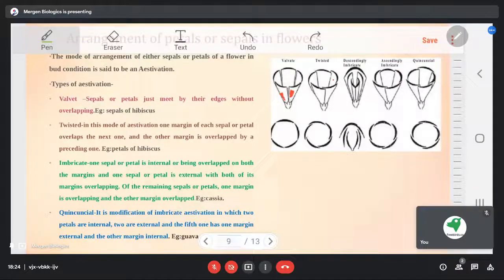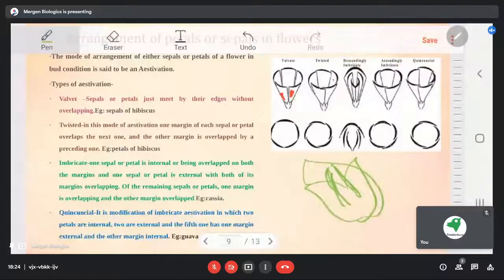For the quincuncial, two petals are present internally. Then the next two are totally outside, like this. But the fifth one has one margin inside and another margin outside. So this is the quincuncial estivation.